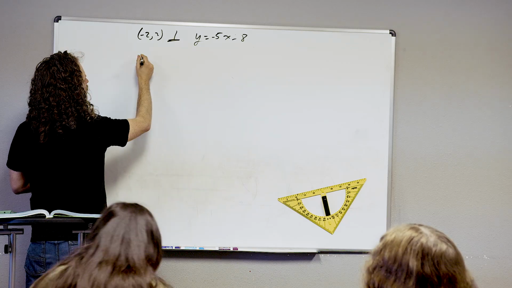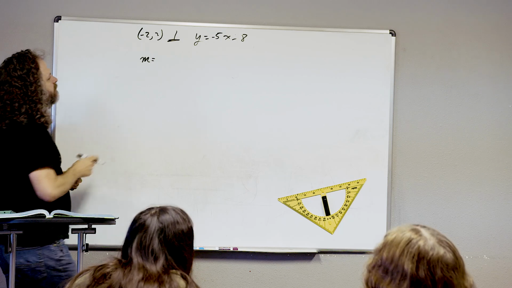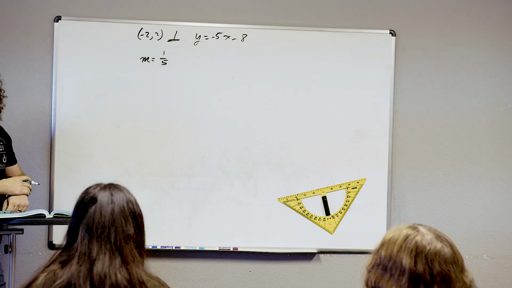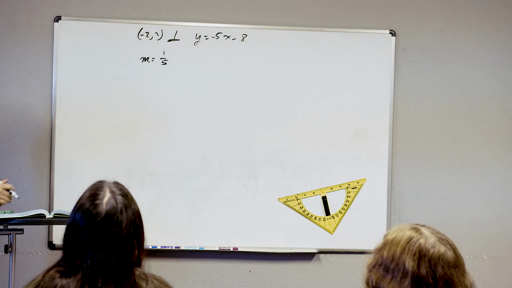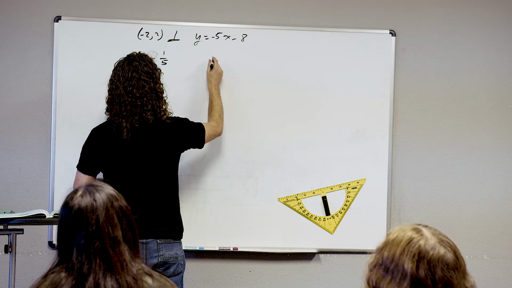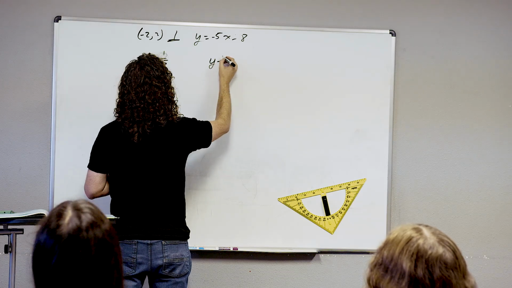Okay. So what is our slope? Positive 1/5. All true. Now what can we do? We can find B. We can even do it with the point slope method, right? Like we just kind of learned, because that's actually a little bit easier. Excuse me.